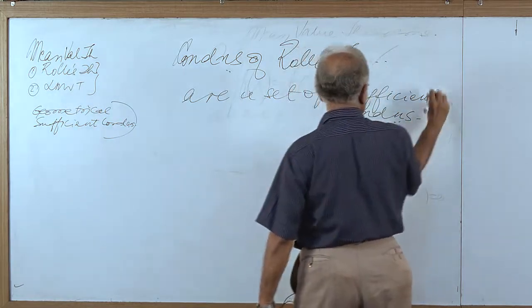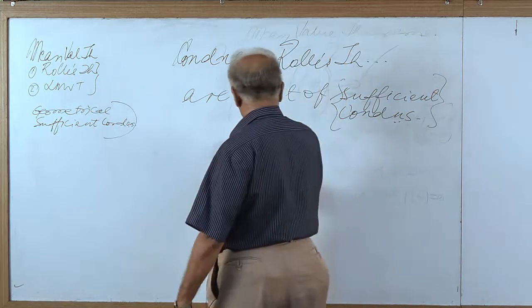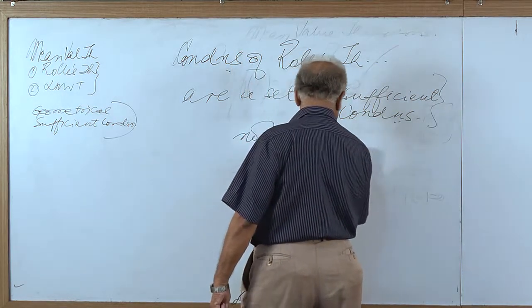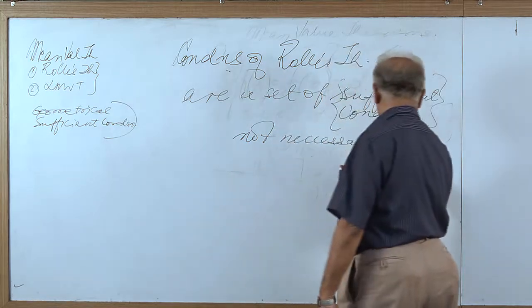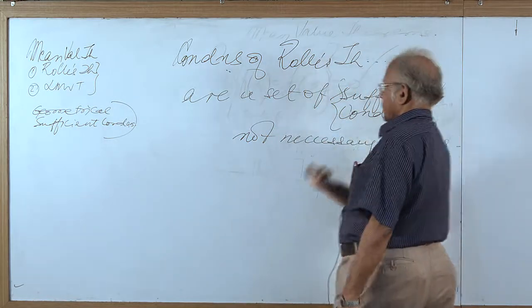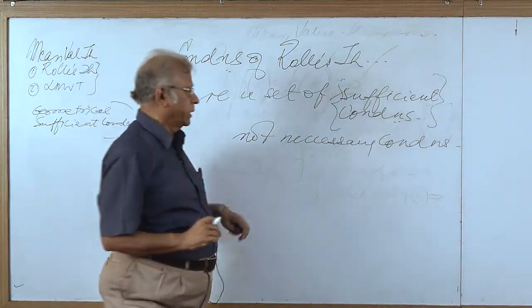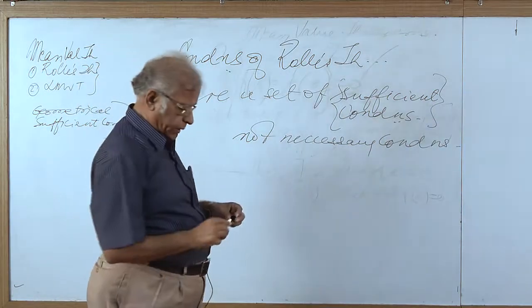This is very important. It is not a set of necessary conditions. It's very important because otherwise there are doubts in the students' minds as to what is really happening.